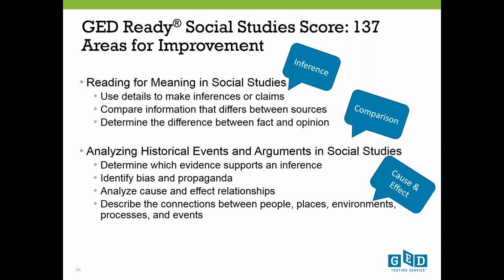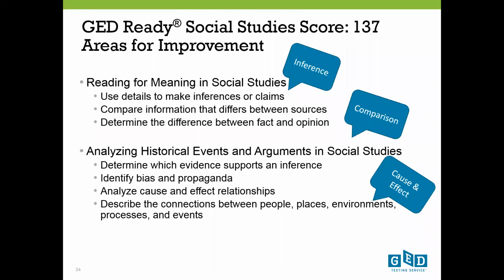Inference, using the details, that is one of the hallmarks of inference. It's not guessing. It's not a blind shot in the dark. There's a trail of breadcrumbs in virtually every passage that can help people get to a reasonable inference. Analyzing historical events and arguments in social studies.